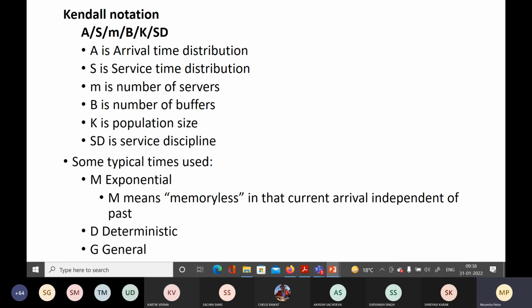Does anyone know about the memoryless property? I had told everybody to study about exponential and Poisson distributions and many other distributions. If you know about the memoryless property, can you please tell us?